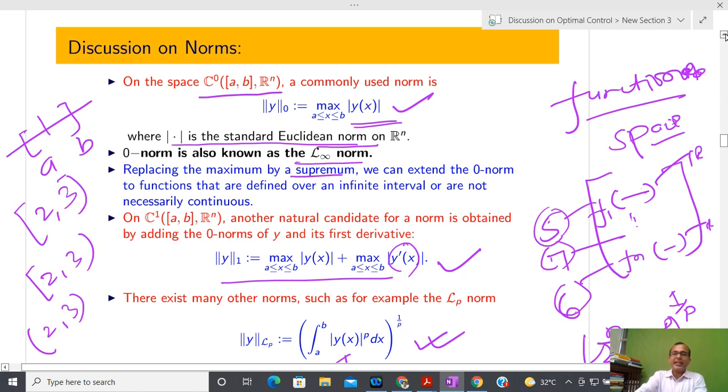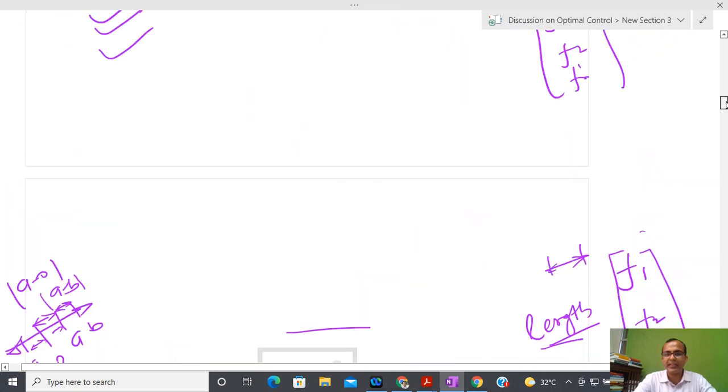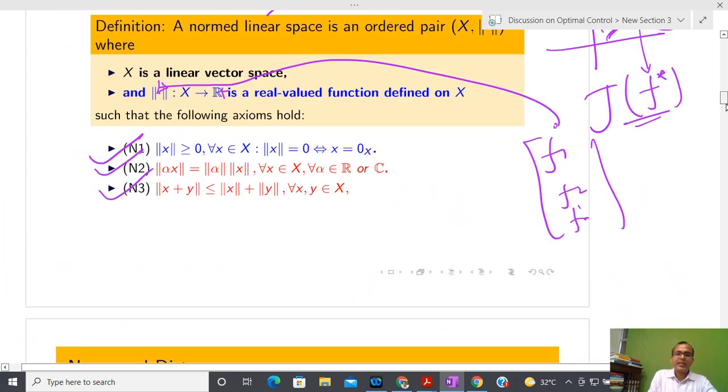Here you can see what the meaning of the triangular inequality is. Let us first come to the triangular inequality, and then things become clear. Norm of x plus y is less than or equal to norm x plus norm y. How have we defined the norm?